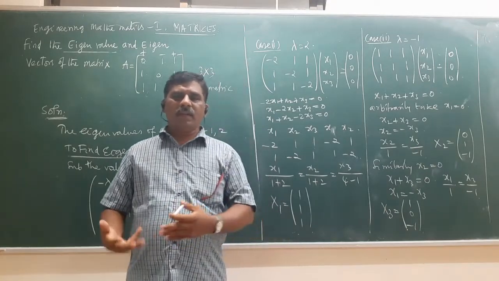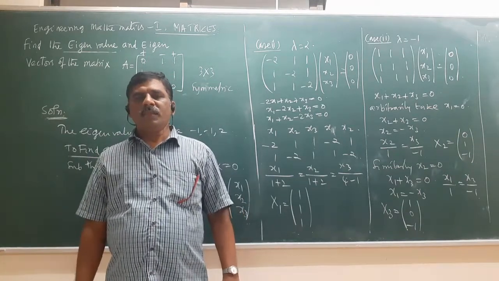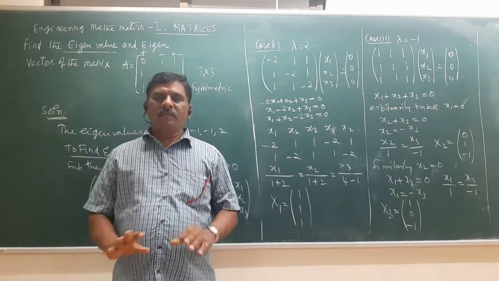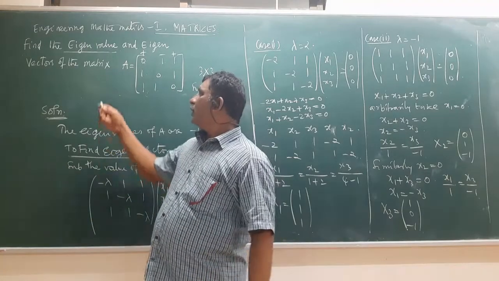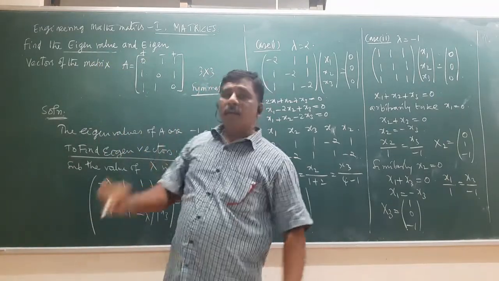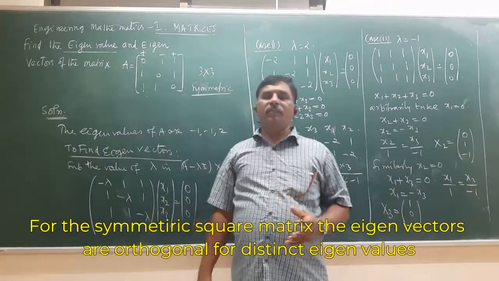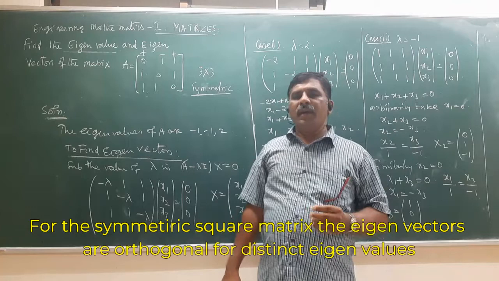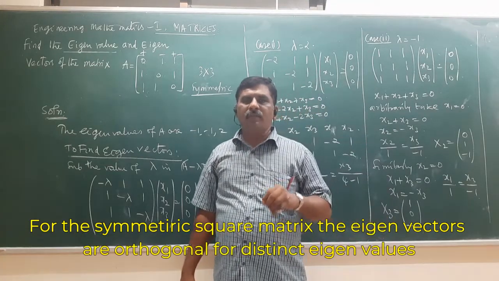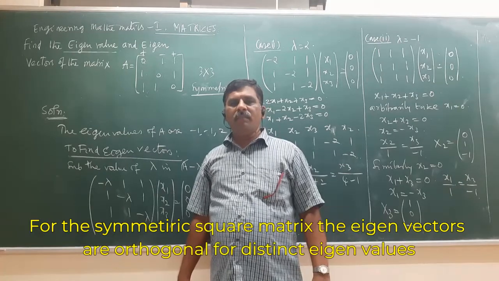You can find any number of eigenvectors. And one more very, very important note: it is a symmetric matrix. For a symmetric matrix, the eigenvectors are orthogonal in pairs.